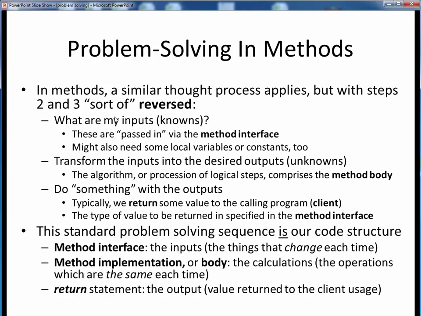First, we'd again ask ourselves, what are our knowns, or now our computational inputs? For methods, these are now passed in via the method interface, which is the opening line of any method. In addition, we might also need to declare and initialize some local variables or constants as well.